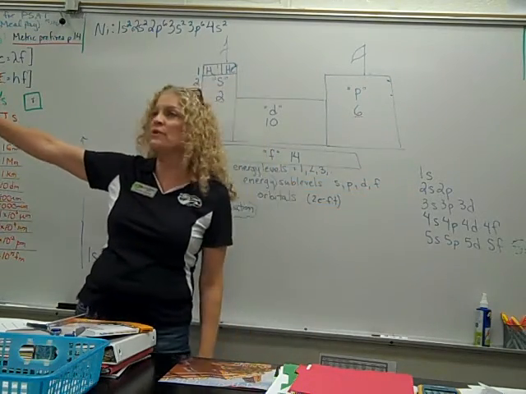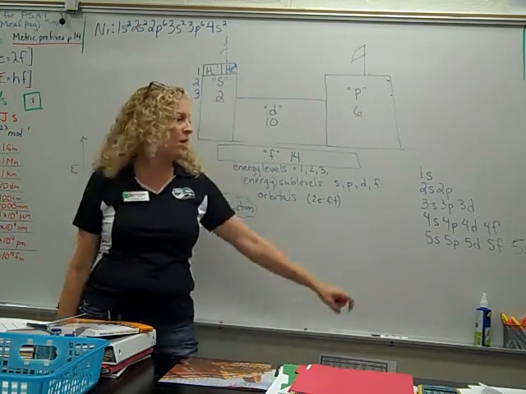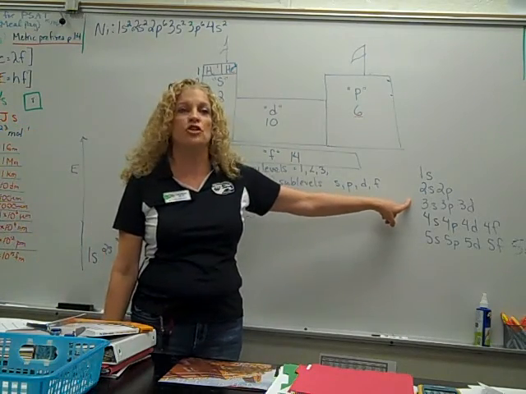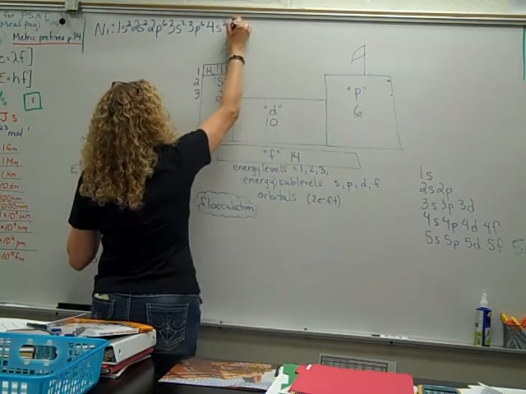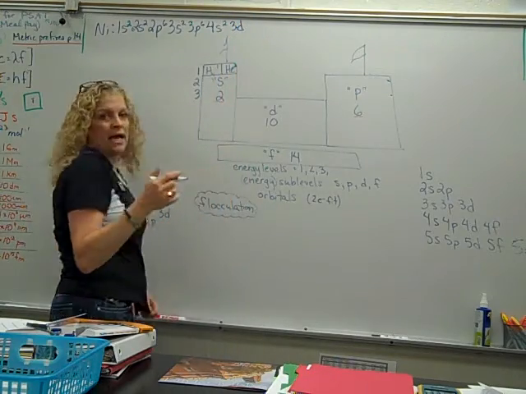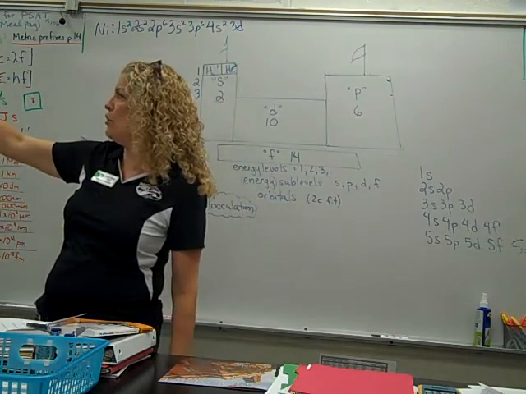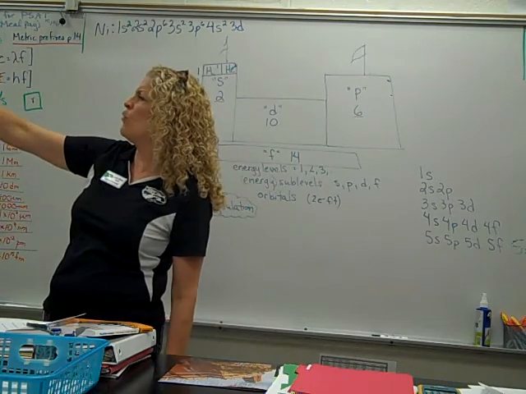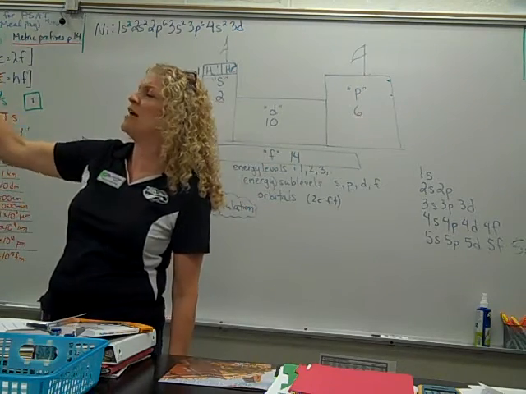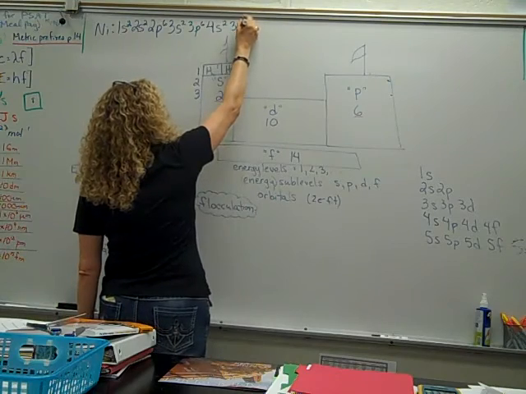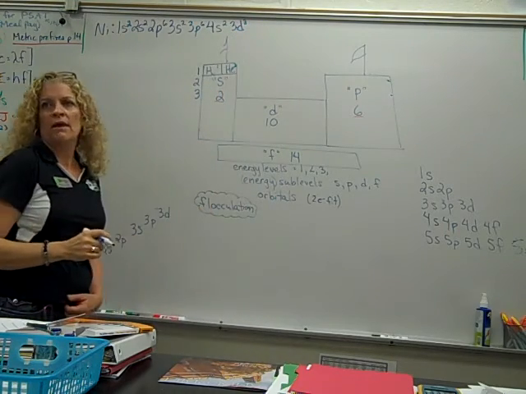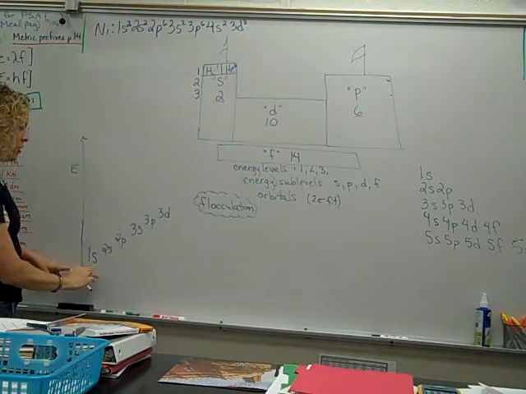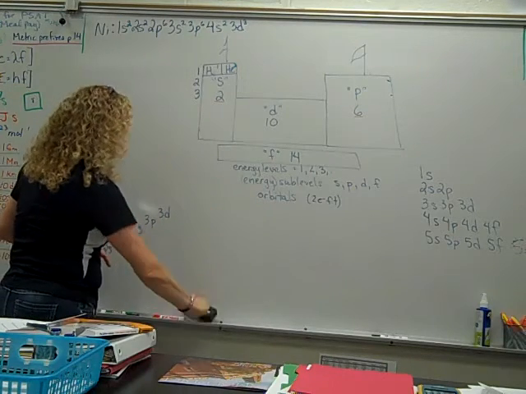This is the first time we've gotten to a D. So what D is it? It's the 3D. And if you count over to nickel, you go over 1, 2, 3, 4, 5, 6, 7, 8 blocks. 3d8.